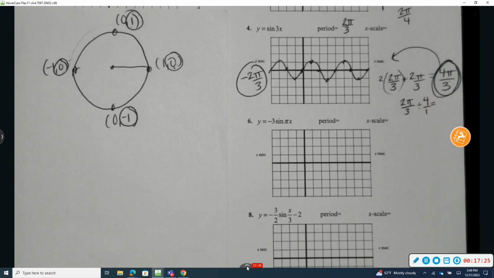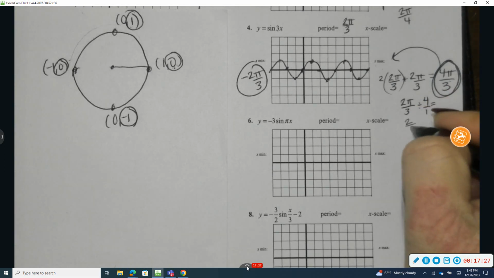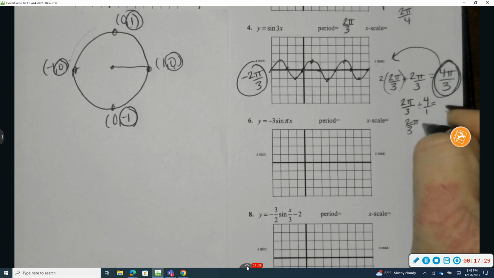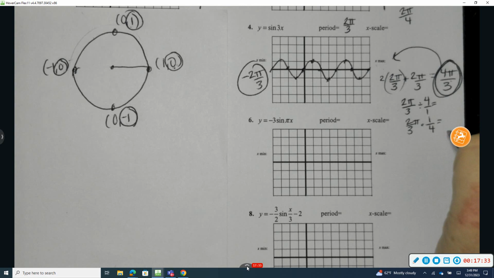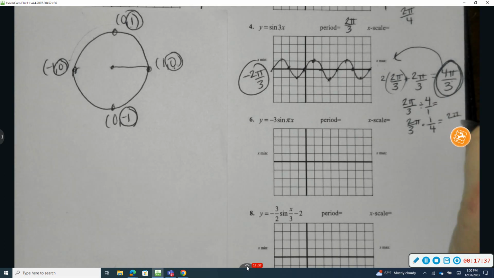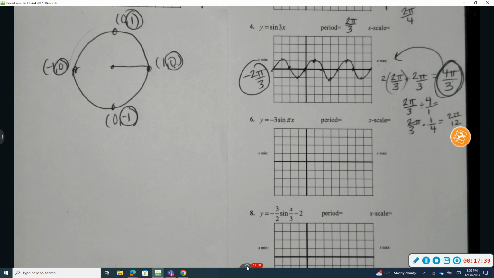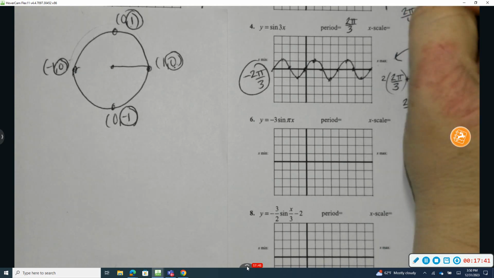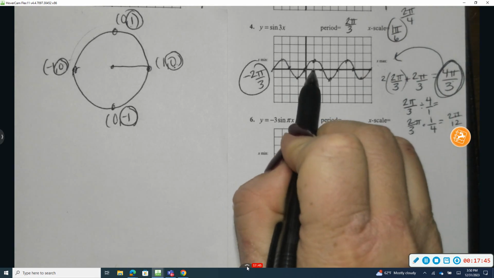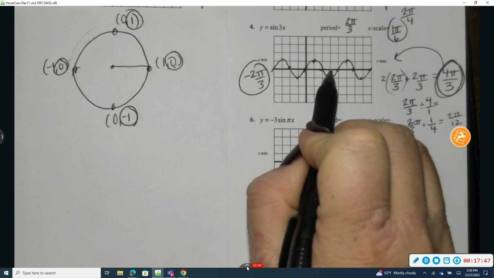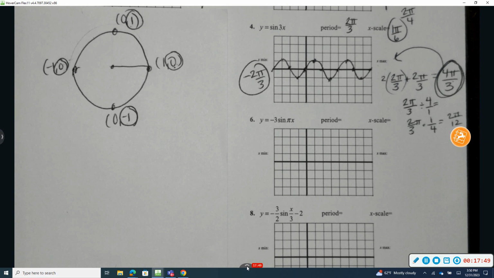Now, when you divide fractions, remember, you keep the first number, you turn division into multiplying, and you take the reciprocal of the second number. So I end up with 2 pi times 1 is 2 pi, 3 times 4 is 12, and 2 pi over 12 is correct, but this can be reduced to 1 pi over 6. So this is a distance of 1 pi over 6, 1 pi over 6, 1 pi over 6, and so on. Let's take a look at number 5.